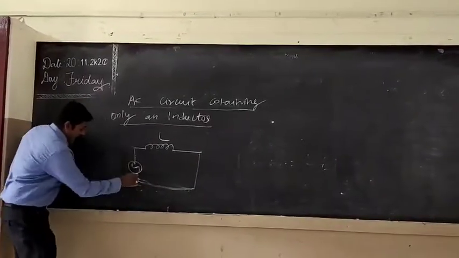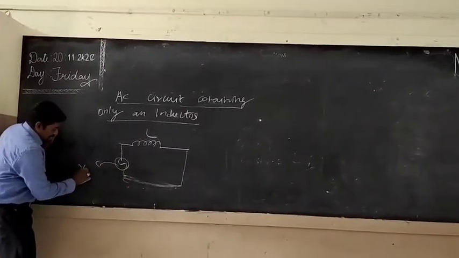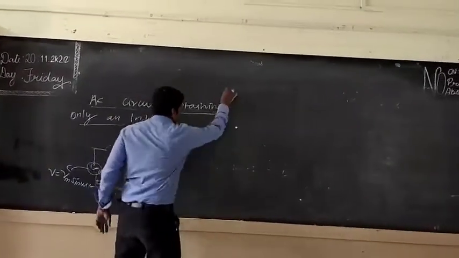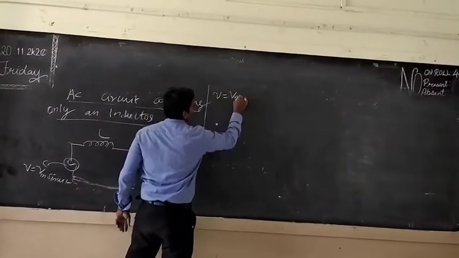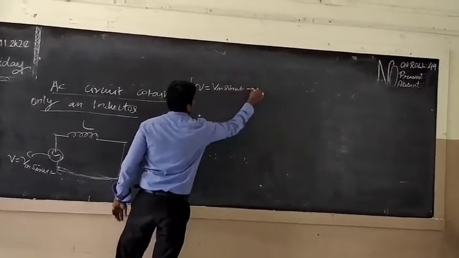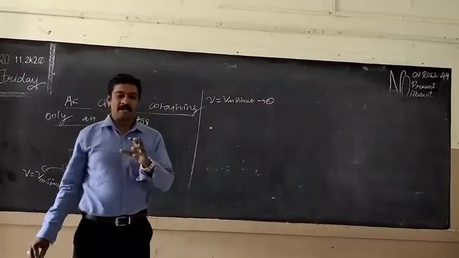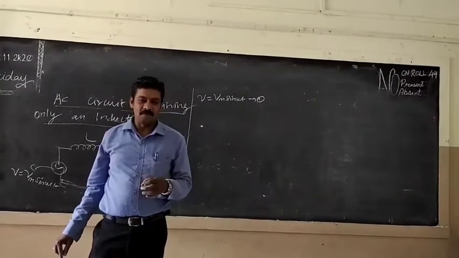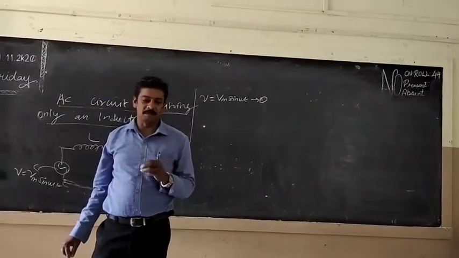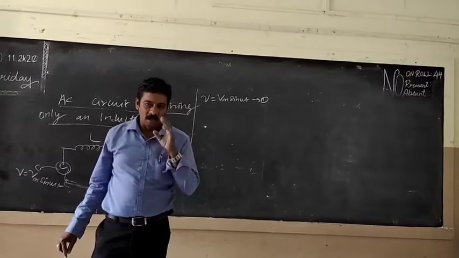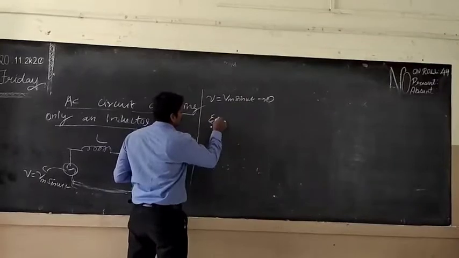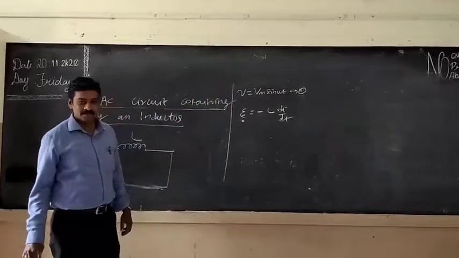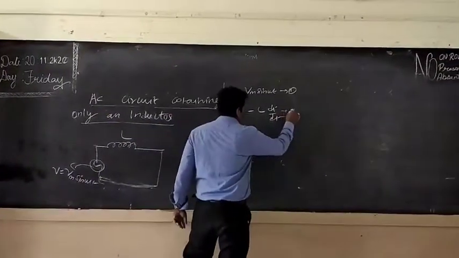Applied voltage will be V is equal to Vm sin omega t. Now we will see that one by one. Whenever we apply the voltage in the AC circuit containing an inductor, the back EMF or self-induced EMF in the inductor is epsilon is equal to minus L di by dt, equation number 2.